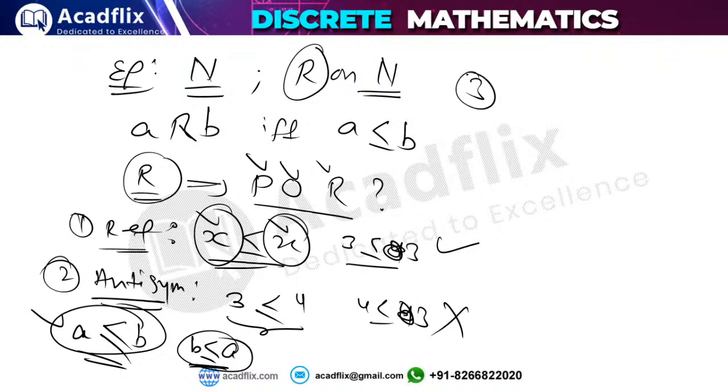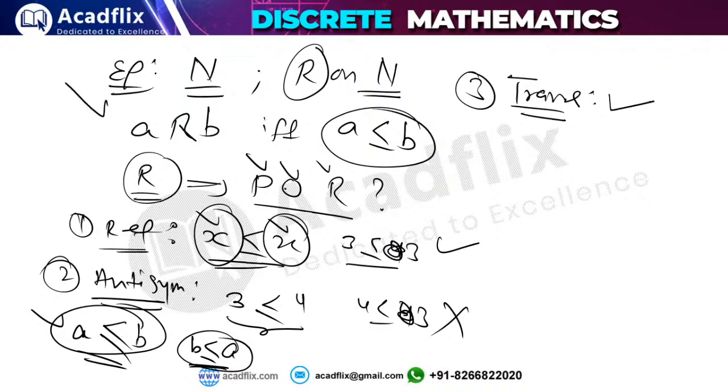Now the third property that we need to check is transitive. This is transitive also. Why? We have already seen this relation in the last lecture, and there we proved that it is transitive. How did we prove it?